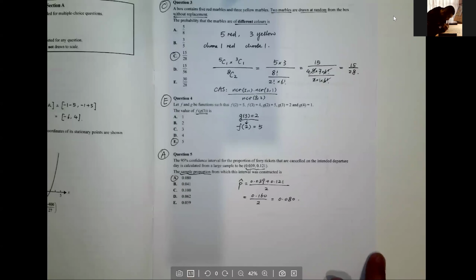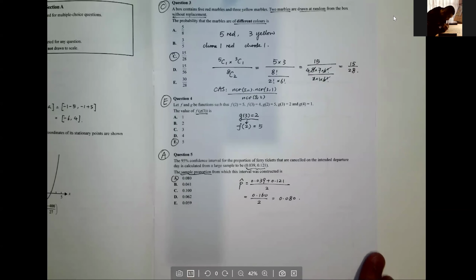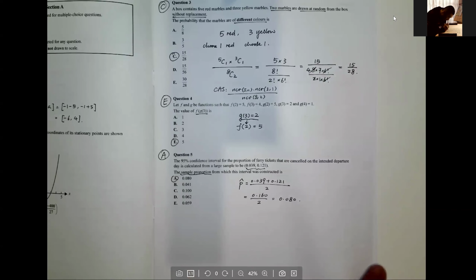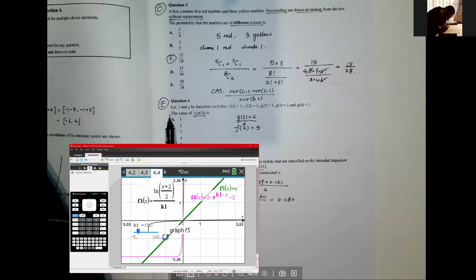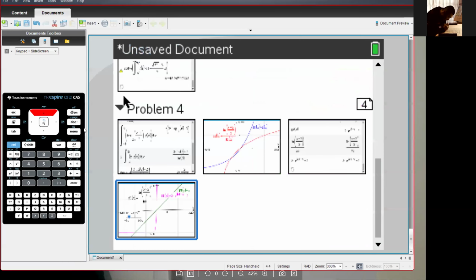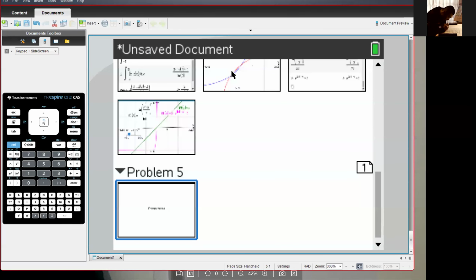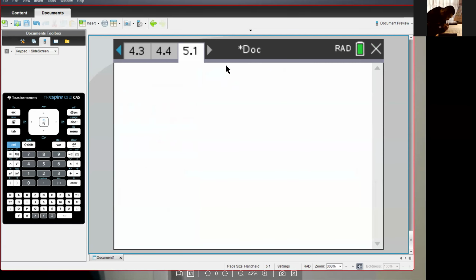By the way, you could also use that to find your sample size, which is a more popular variation of this kind of question on the recent exam papers, okay? So, for example, if I see this 95%, one thing I would do is first calculate the margin of error. The margin of error is 0.121 subtract 0.039 divided by 2. And you'll be able to get something along this line.